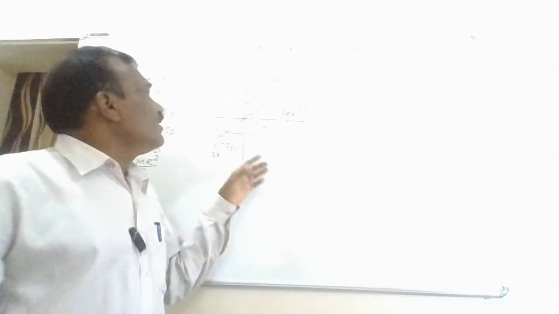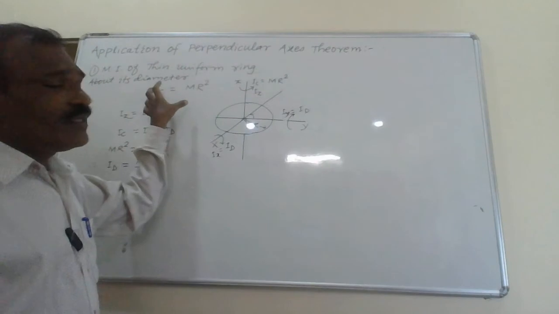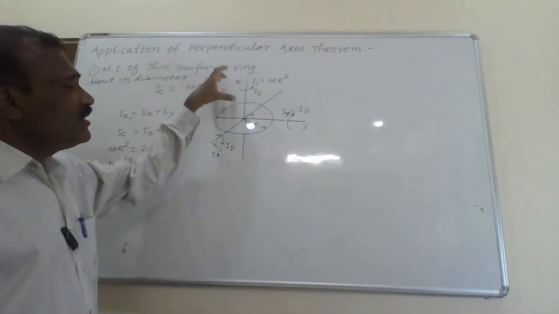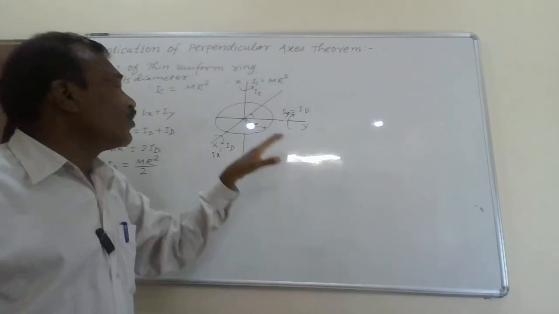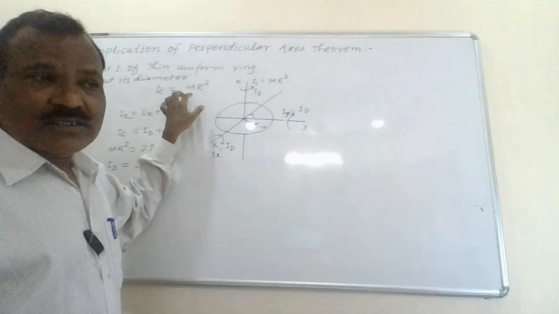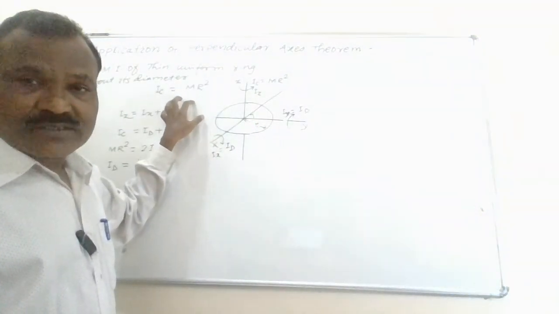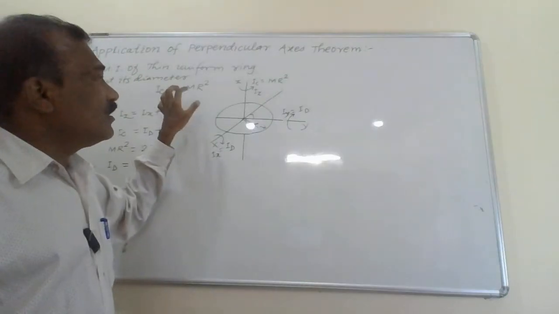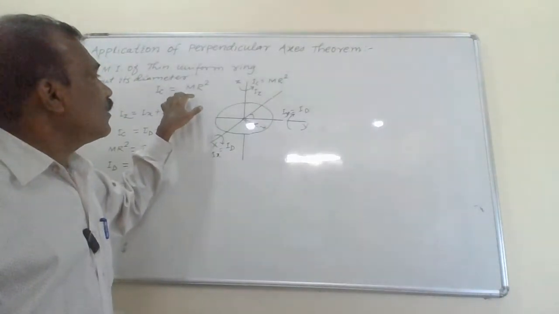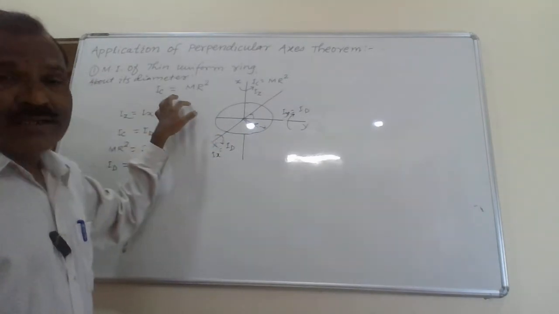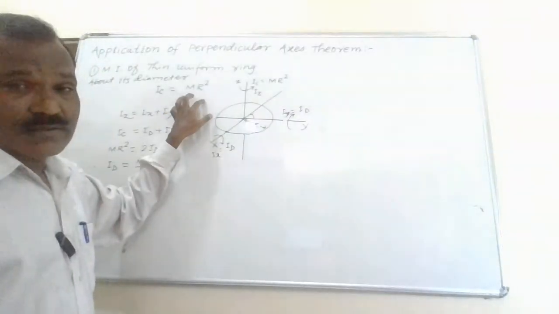It is given that the moment of inertia of a thin ring about an axis passing through its center and perpendicular to its plane is mr square. We can prove this also, but it is not in your syllabus, therefore we take it directly: IC is equal to mr square.